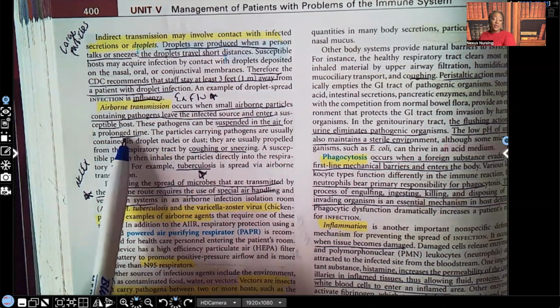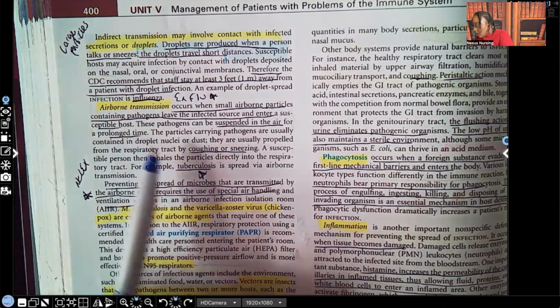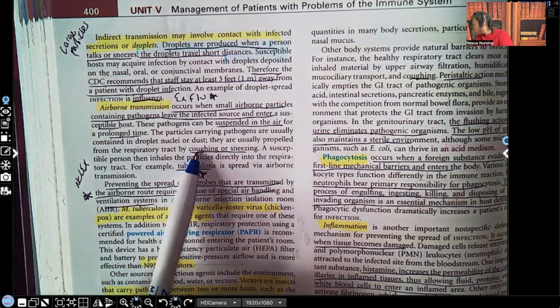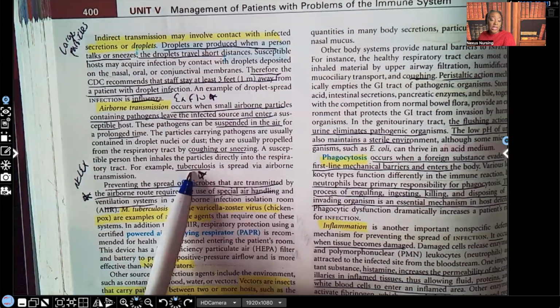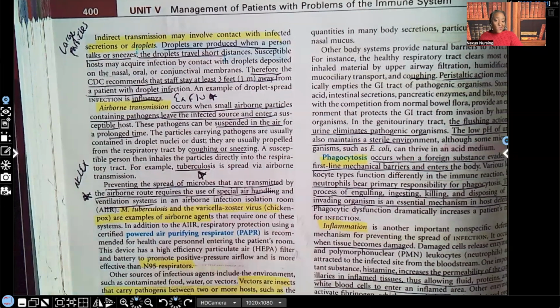And guys, when I say prolonged amount of time, I'm talking about hours. Hours. It can be spread through the respiratory tract by coughing or sneezing. And a perfect example, and this example the NCLEX uses a lot, tuberculosis. Okay, tuberculosis is spread via airborne transmission.